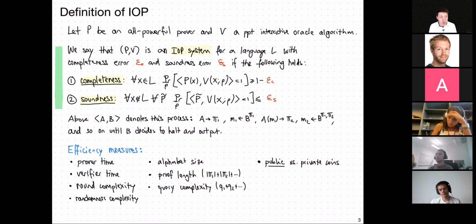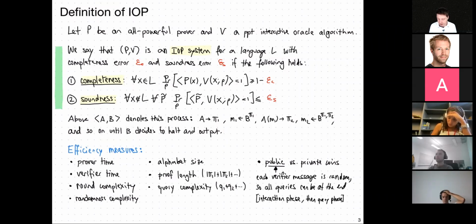Because there's interaction, we can distinguish between public and private coins. Again, this is different from a PCP because you have an interaction. And one interesting thing to note is that in a public coin IOP, each verifier message is random, right? So all the queries can be postponed till the end, right?